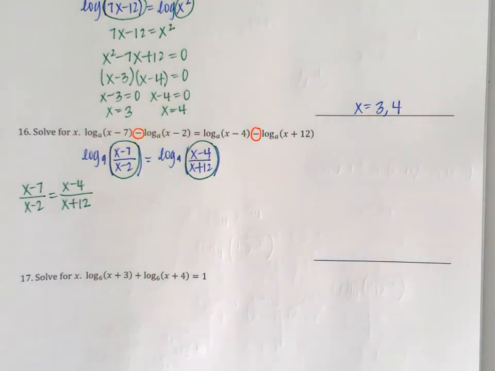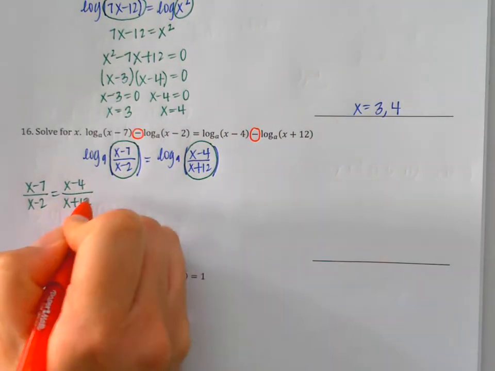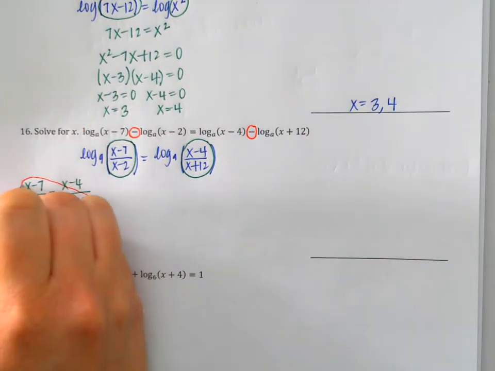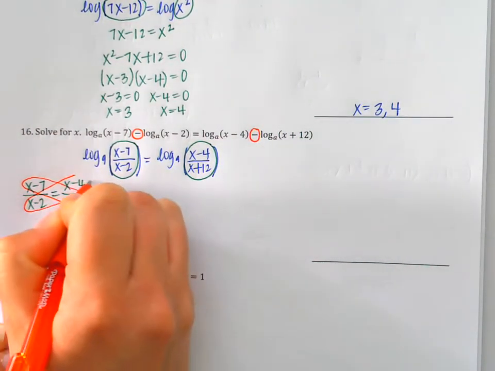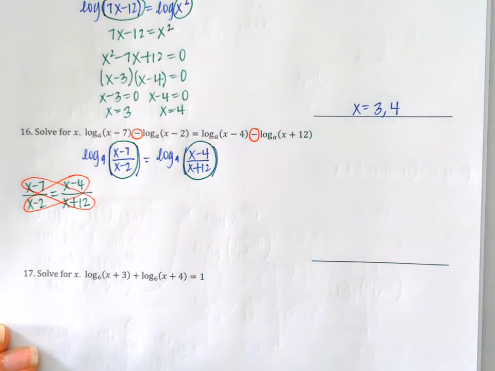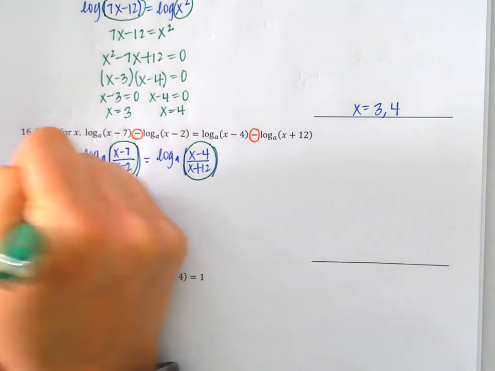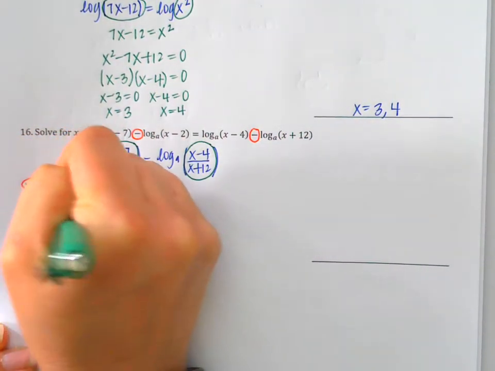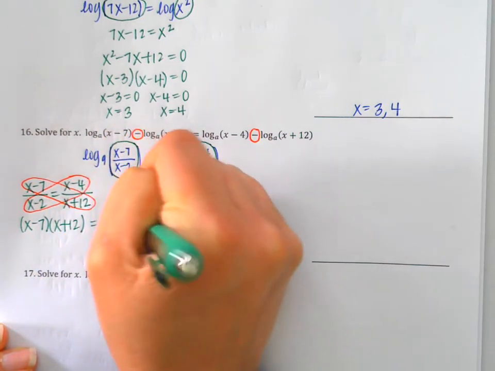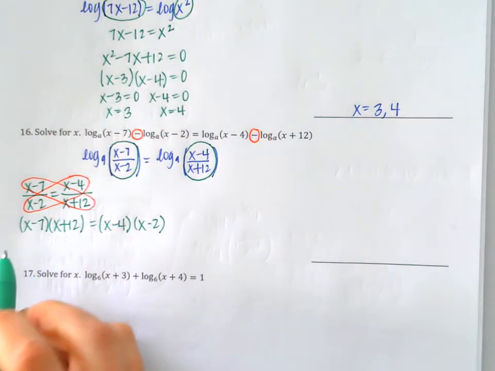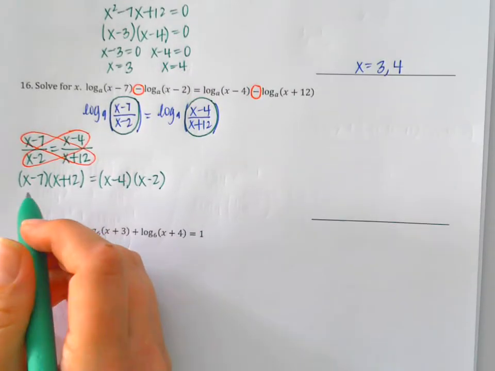There we go. Okay. So to cross multiply, x plus 12 is going to be multiplied by x minus 7, and x minus 4 is going to be multiplied by x minus 2. And then I can distribute, so just multiply those out.